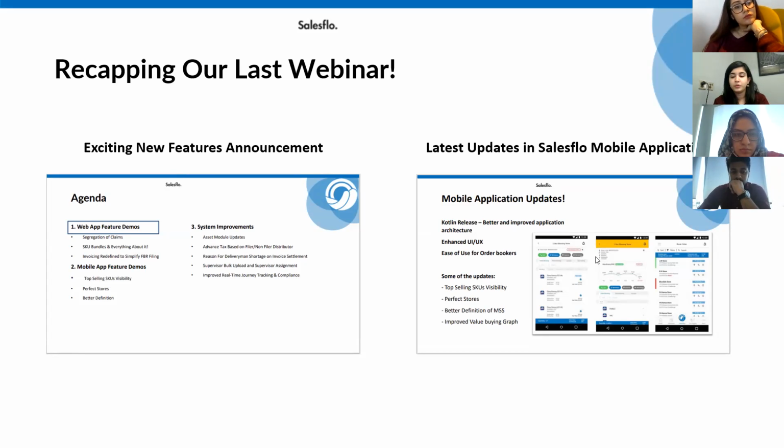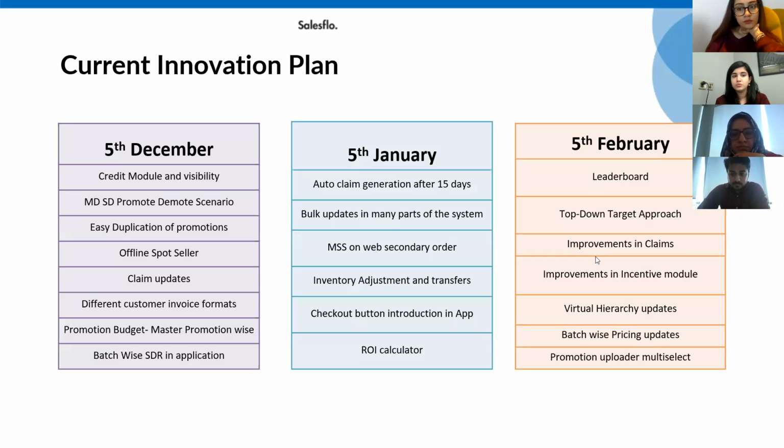For the first time, we also presented the demo for the new features that we developed in our mobile application. And lastly, we talked about the minor system improvements that we did. Similar to this pattern, we'll be following again.